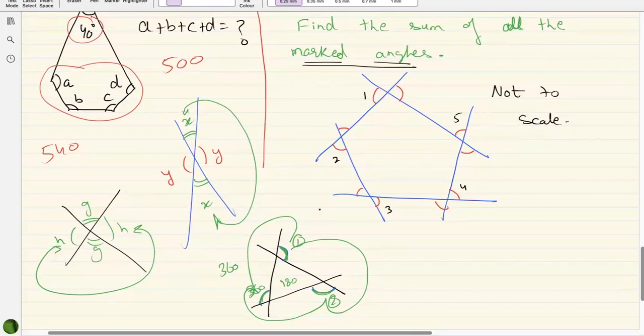This was a 5-sided shape. It should have been 5 exterior angles, but they are marked twice. So 360 times 2, sum is 720.